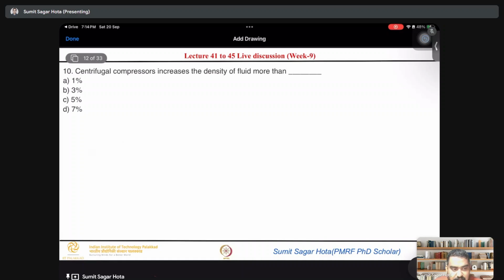If you remember this value, you can answer this question. It is actually 5%. It is a kind of error; this much density it can increase, and there may be a plus or minus 1% variation.